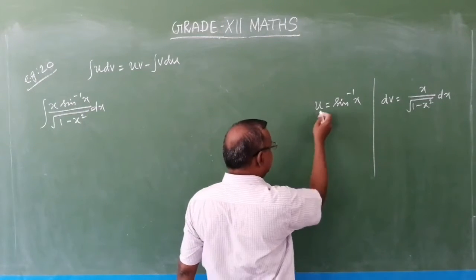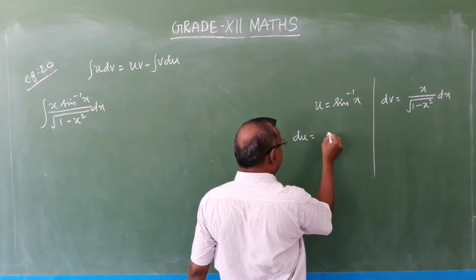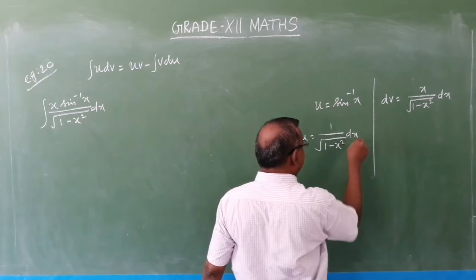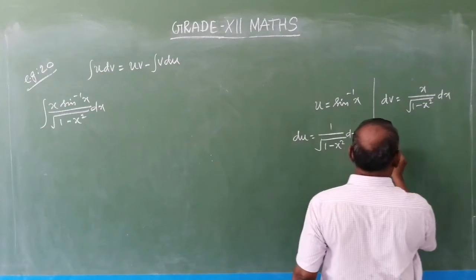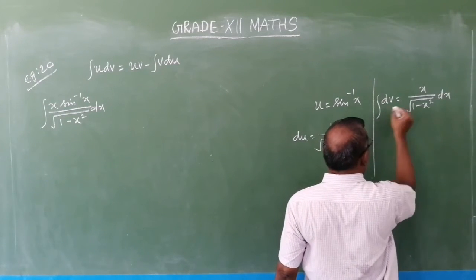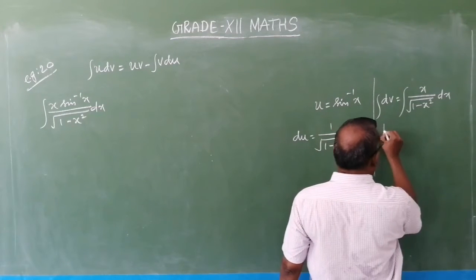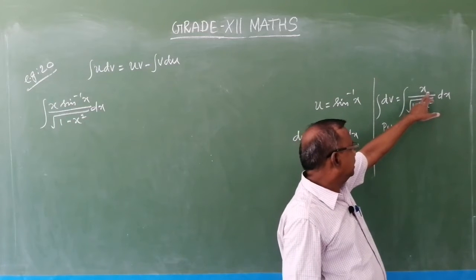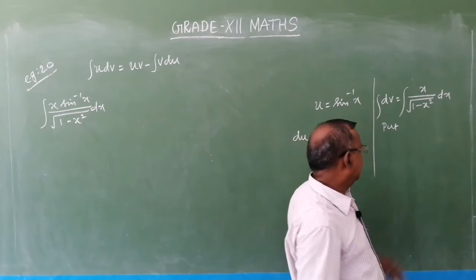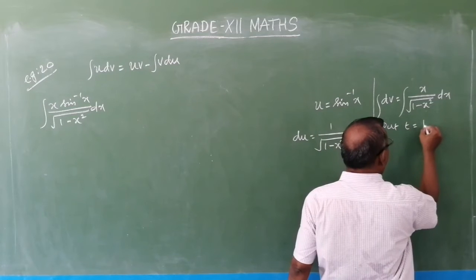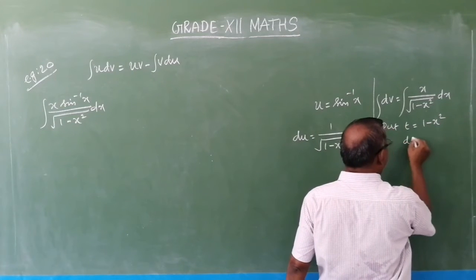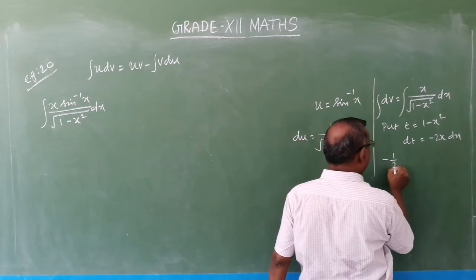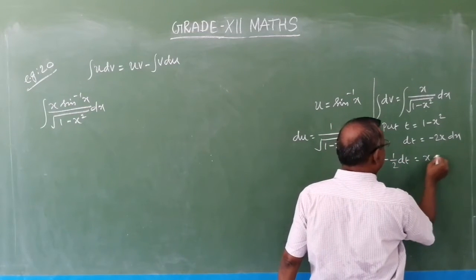Now differentiate u, that is du equal to 1 by root of 1 minus x square into dx, and integrating this function we have integral dv equal to integral. Now here we need substitution, because the numerator is a derivative of the denominator. So put t equal to 1 minus x square. So dt equal to minus 2x into dx, or minus 1 by 2 dt equal to x dx.